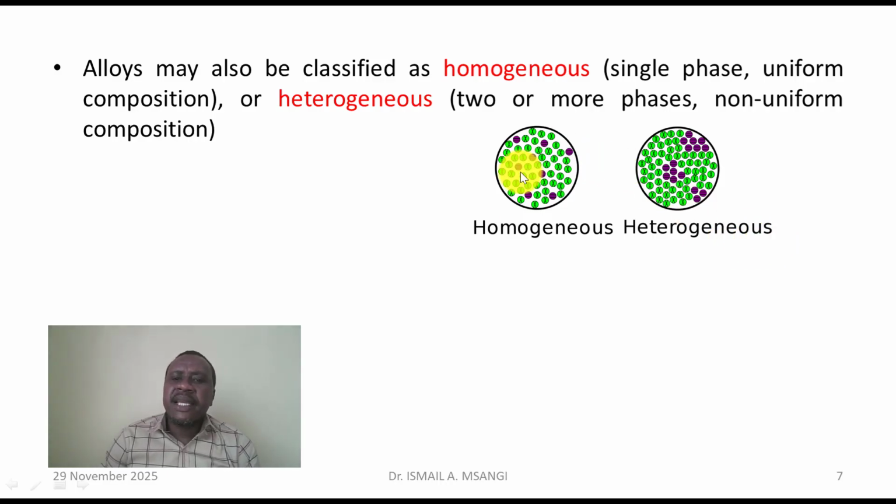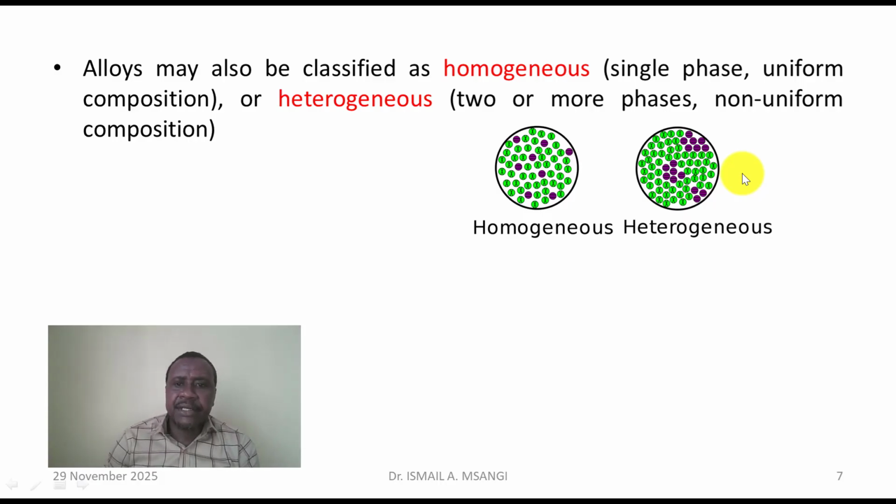So, in homogeneous alloy, the components are distributed throughout the material, where each part of the material will have almost similar composition of the components, whereas in heterogeneous, the components are not evenly distributed, and different parts of the material will have different compositions.